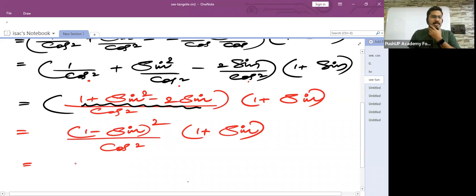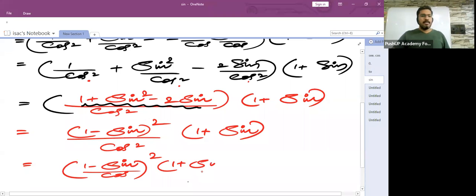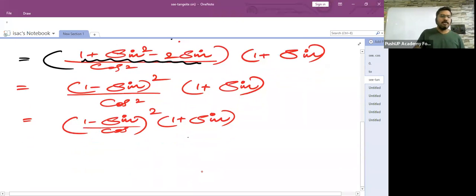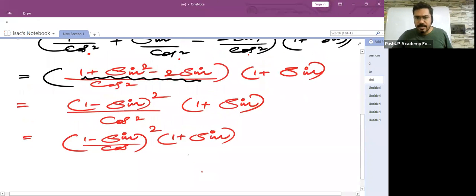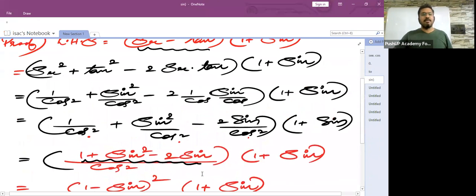What can we do next? I think we can write this as 1 minus sine upon cos the whole square into 1 plus sine. Is this correct? What is the final answer that we need? 1 minus sine, isn't it?